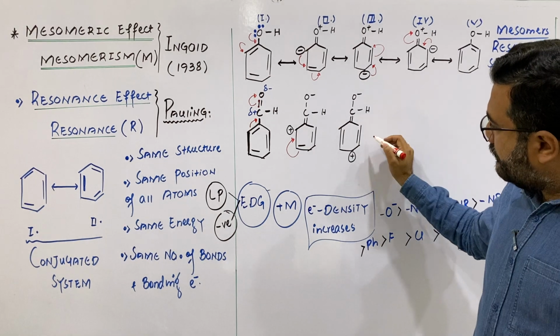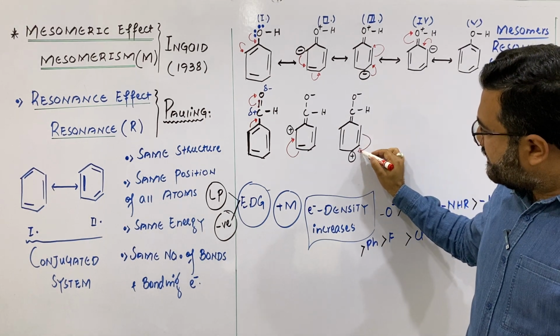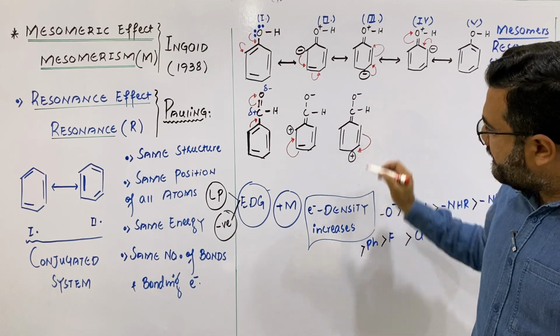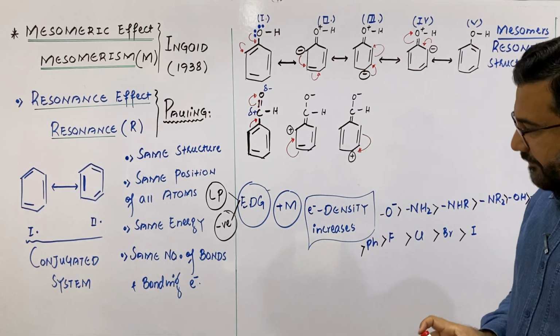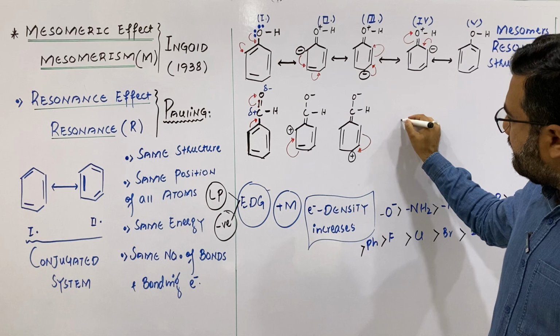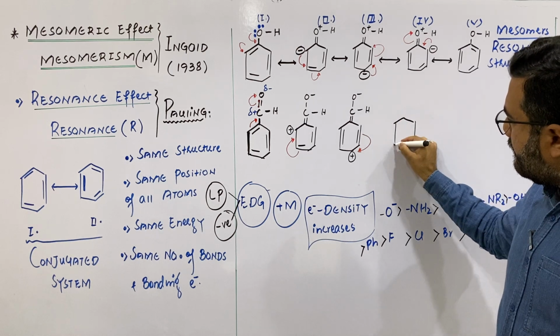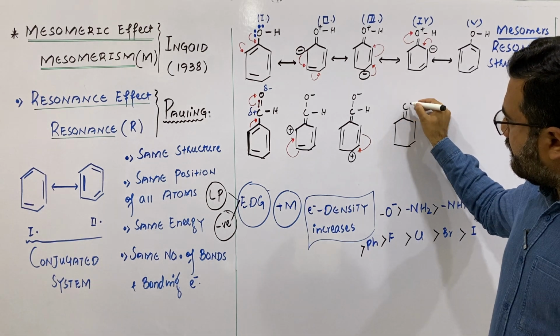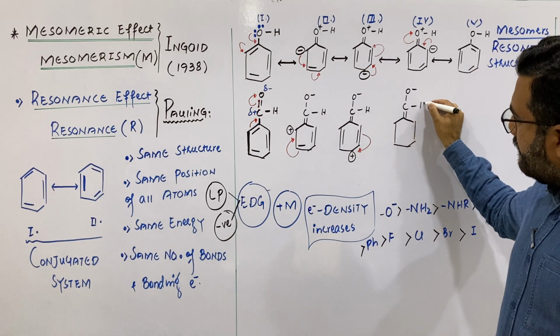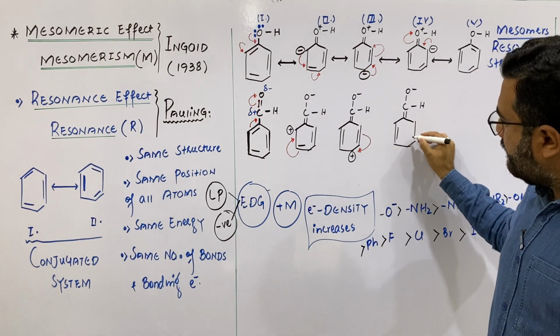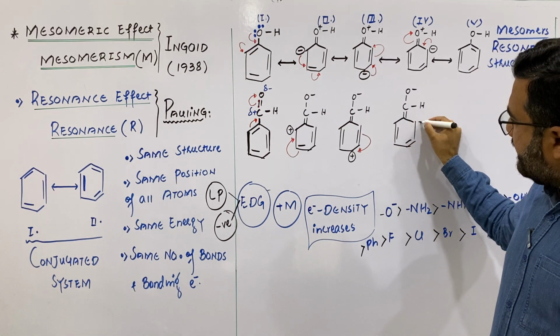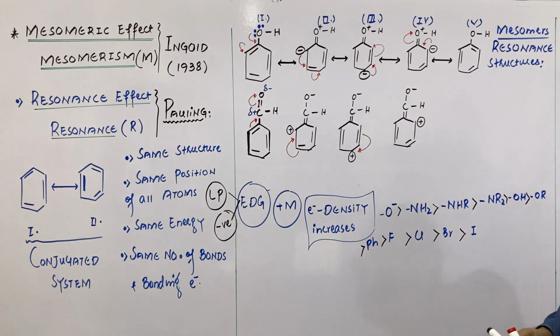Again, to overcome its positive charge, it will take these pi electrons, and now the structure will become this, and this carbon will get positive charge.